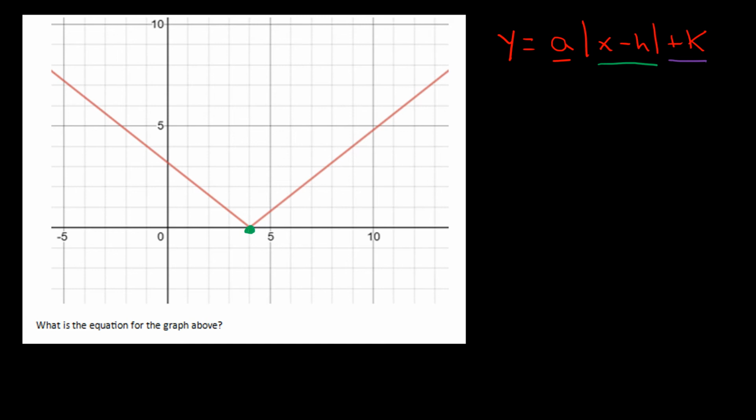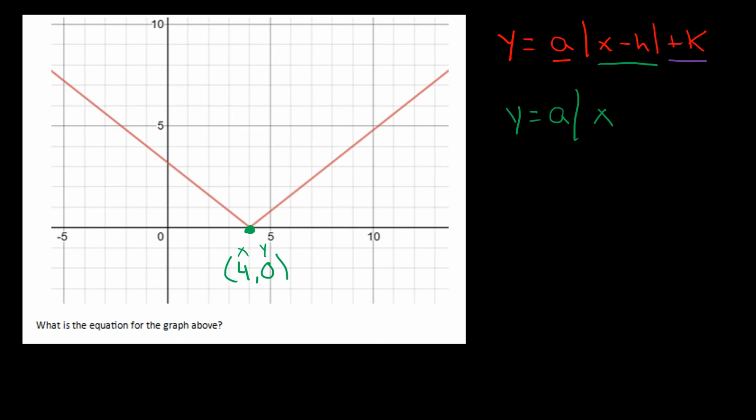Our vertex, we're going to say, is at 4, 0. Right? 1, 2, 3, 4, 4, 0. That's my x and my y. So with that, I know that I have y equals a, because we haven't looked at any vertical stretch or compression. Okay, absolute value of x.